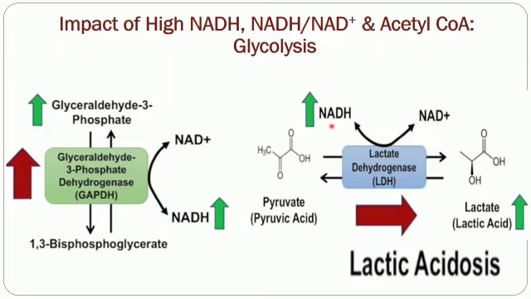So one more NADH is used, and NAD is generated. But because of this, there is excessive formation of lactate. So the resultant effect is lactic acidosis. So that is the first impact.